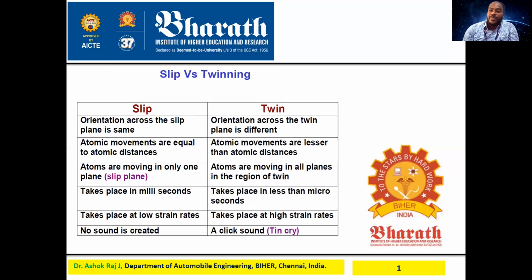So what is the difference between slip and twinning? In slip, the orientation across the slip plane is the same, but in twinning, the orientation across the twin plane is different.